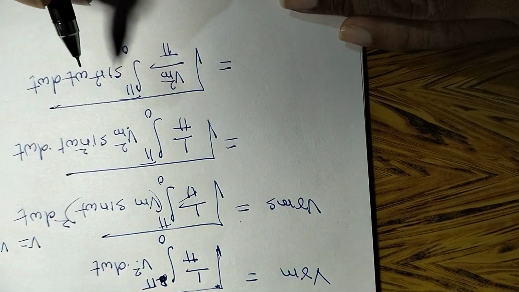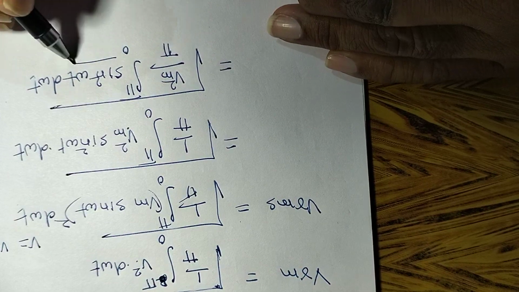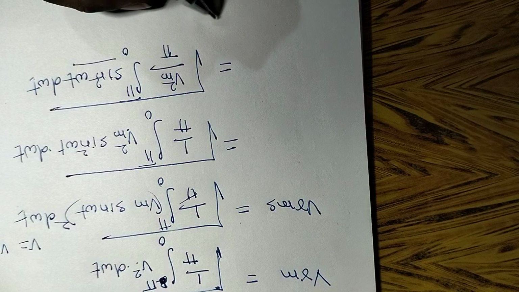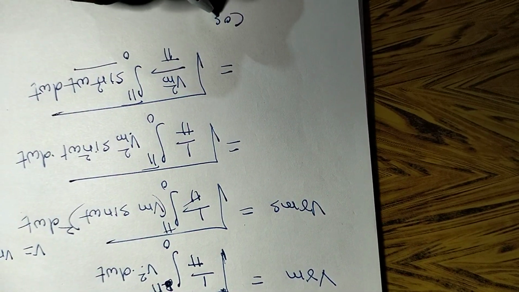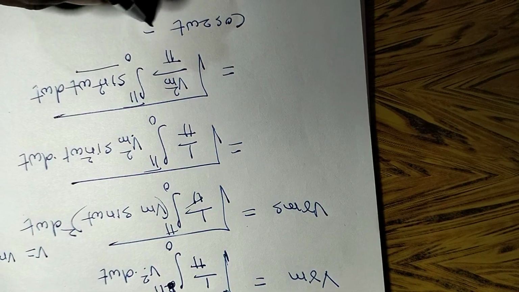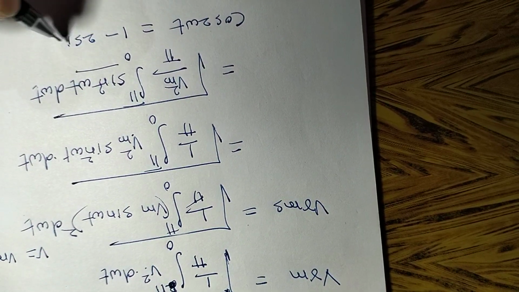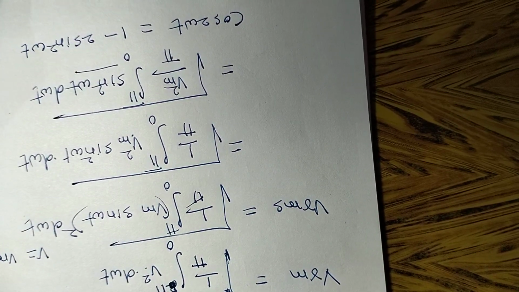Now for simplification I am going to use the trigonometric identity: cos 2 omega t equal to 1 minus 2 sin square omega t, where theta is omega t.